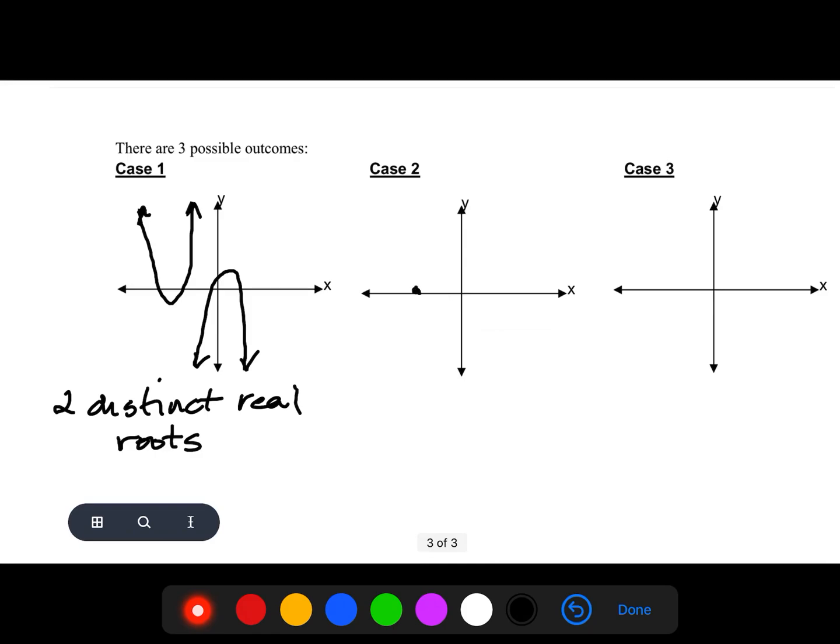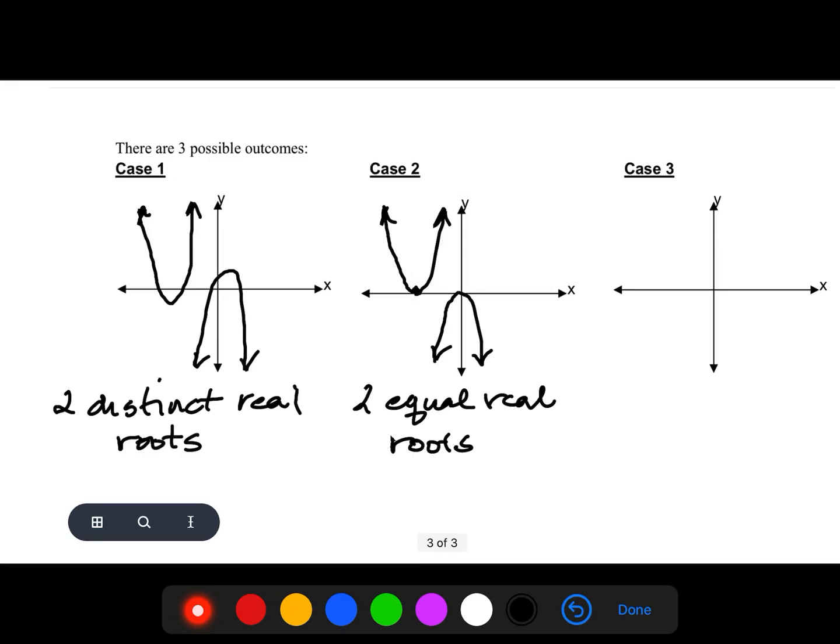If we have a parabola that opens up starting on our x-axis or opens down but still starts on the x-axis, then we call that 2 equal real roots. And we'll talk about why we have 2 equal real roots in depth in our next lesson.